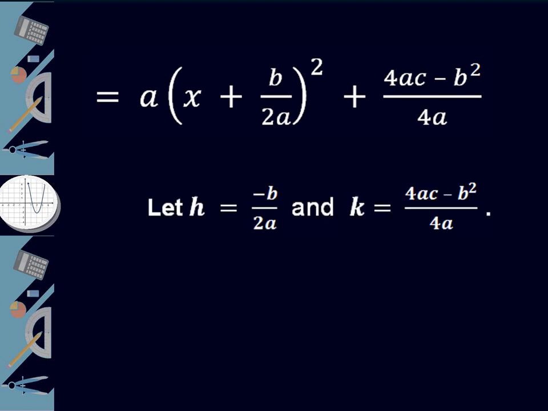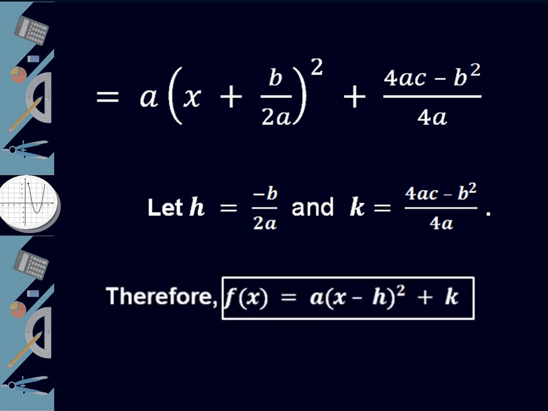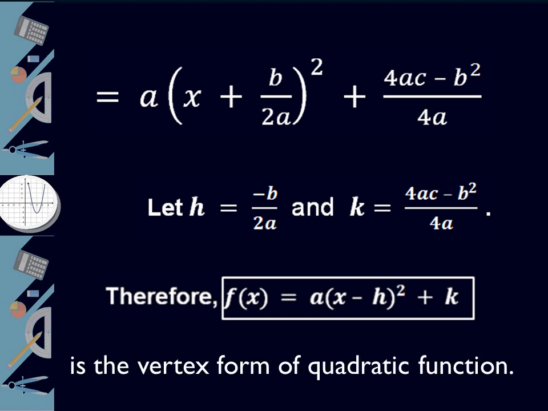And then we let h be equal to negative b over 2a and k equals 4ac minus b squared over 4a. Therefore, we have f of x equals a times the quantity x minus h squared plus k. This is the vertex form of the quadratic function.